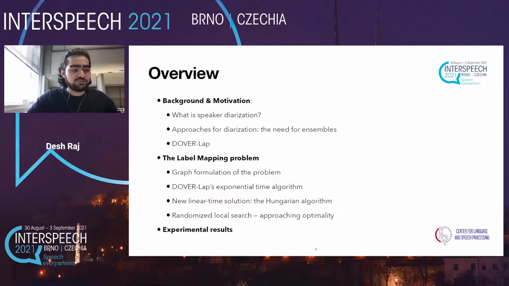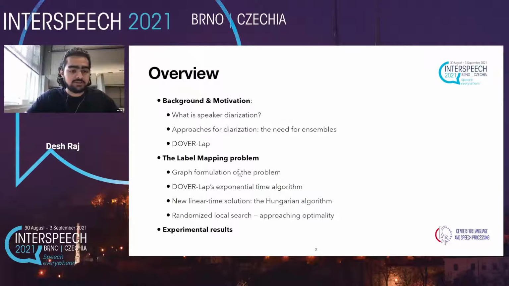Here is an overview of the talk. I'll first summarize speaker diarization and some approaches for diarization, including clustering-based traditional approaches and some new end-to-end approaches. Then I'll talk about DOVER, a method that we proposed recently for ensembling diarization systems. This will bring us to the actual problem, which is called label mapping.